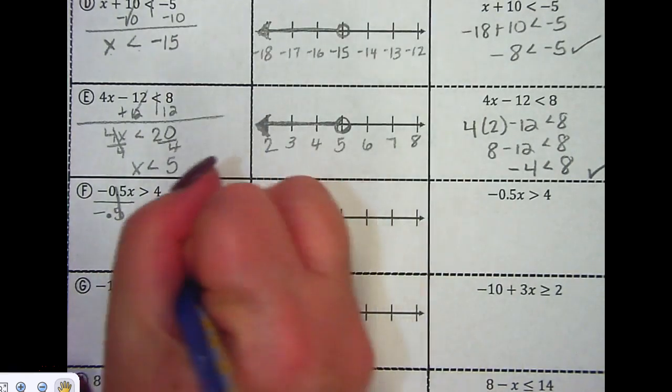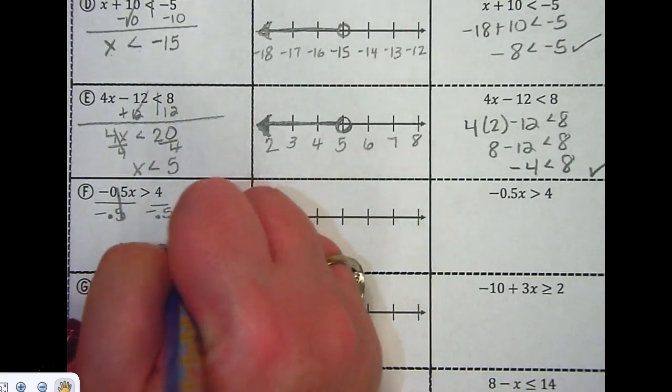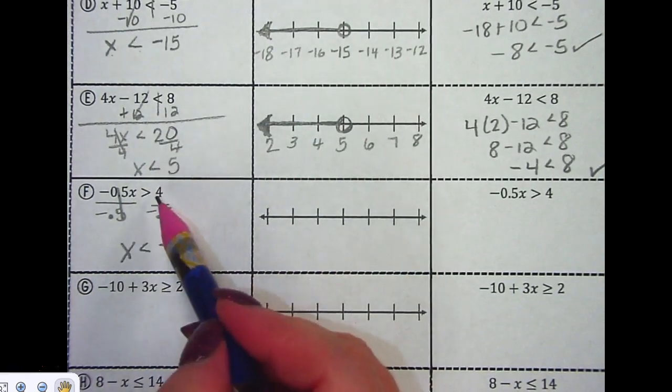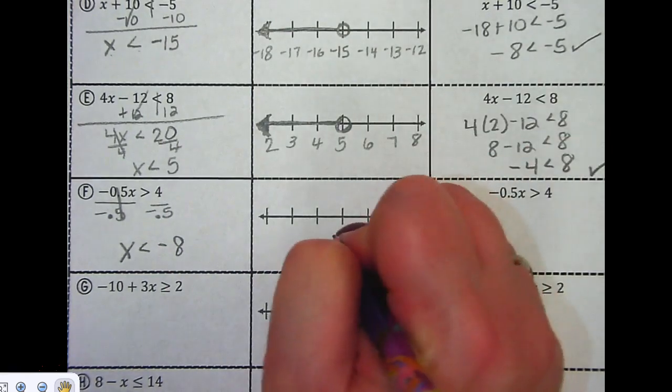That means I'm going to have a negative, right? How many halves are in 4? So if I have 4 cookies and I want to break it into halves, how many halves will I get? 8. Negative 8. Or you could have done it on a calculator, 4 divided by negative 0.5. So we have a negative 8 here.